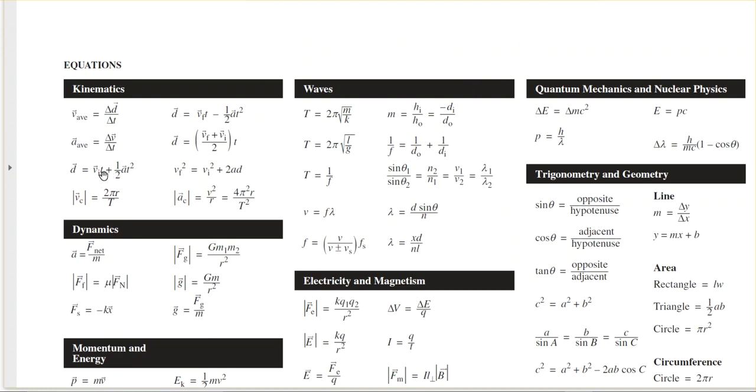That's the same problem I had before, so I don't want that when I'm solving for t. But I could use this one, A is equal to VF minus VI over t. This other one doesn't have t in it, so that won't work. So I'll use the first one: A is equal to VF minus VI over t.